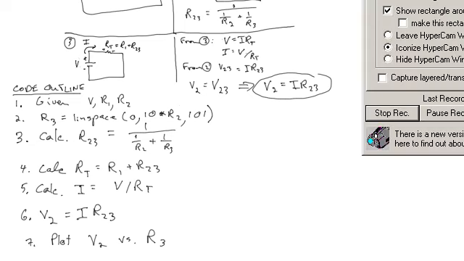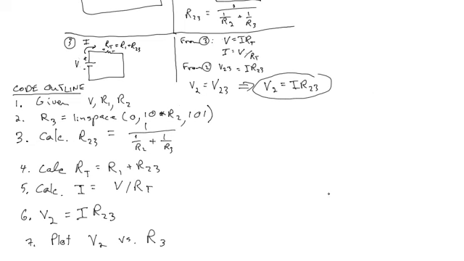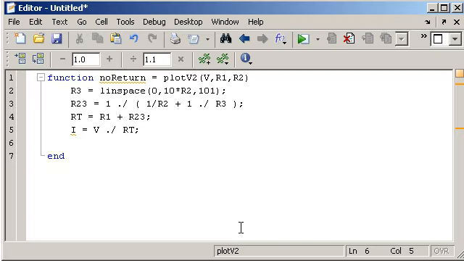Next, that was I. V2 is I times R23. V2 equals I times R23, semicolon.